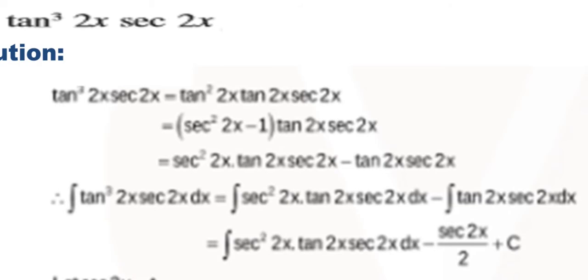So tan square x, we know its value is sec square x minus 1. So here in place of x it is 2x. So sec square 2x minus 1 into tan 2x into sec 2x. Now removing the bracket and multiplying, we get sec square 2x into tan 2x into sec 2x minus tan 2x into sec 2x.